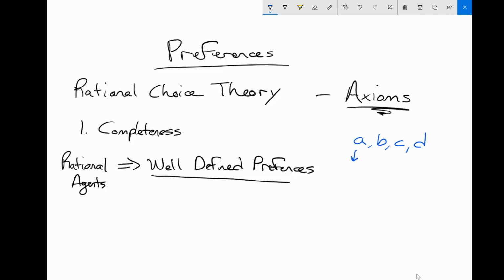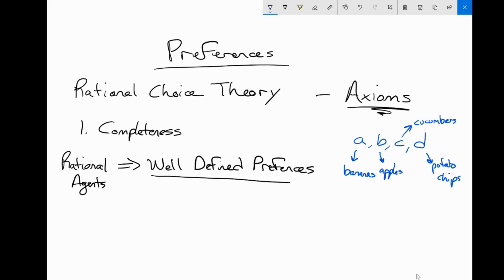Let's say that A represents bananas, B represents apples, C represents cucumbers, and D represents potato chips. Just some random foods. All of these, A, B, C, and D, represent some possible goods that we can consume. They could be anything, but I just created some random examples, some food items there.